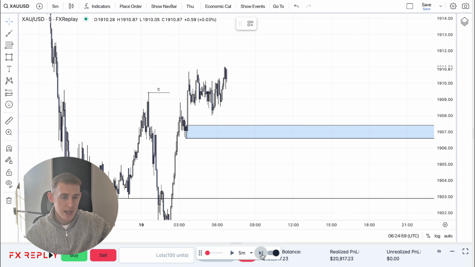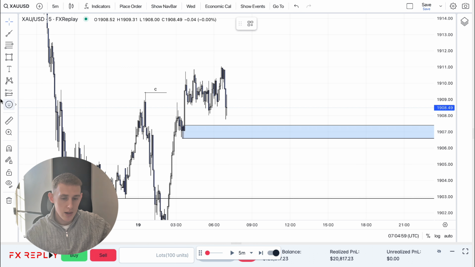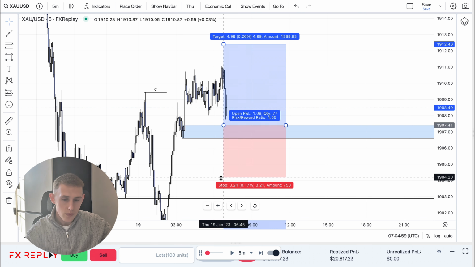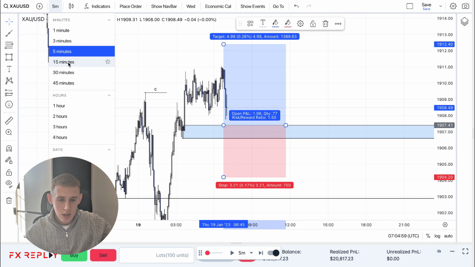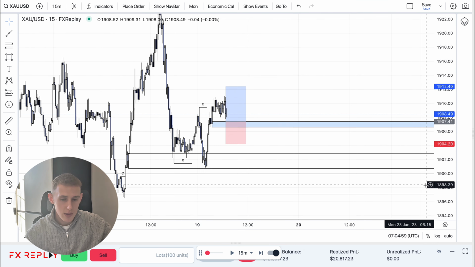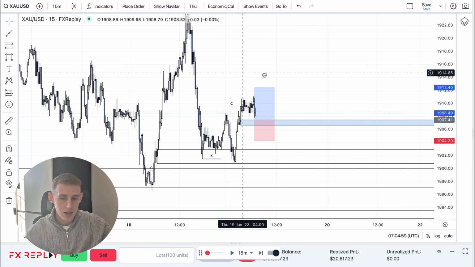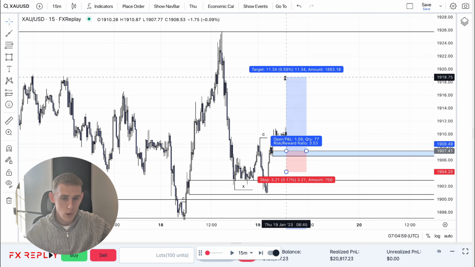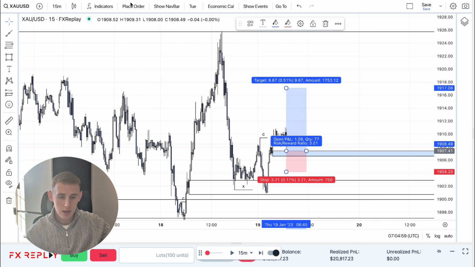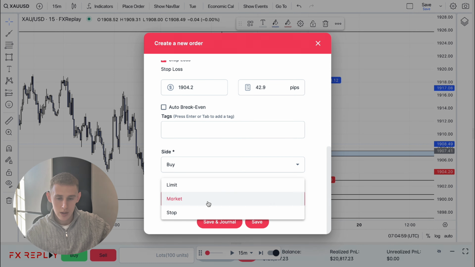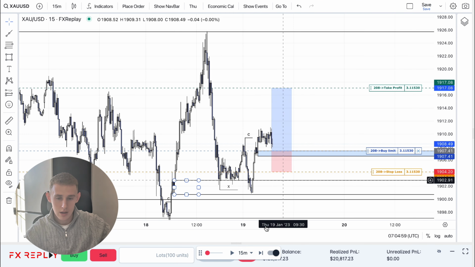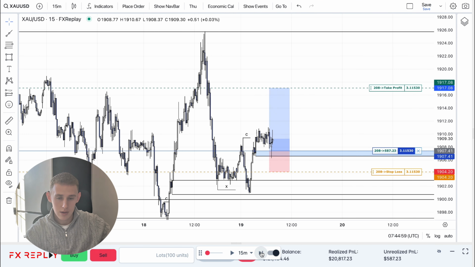I'm just going to actually set a limit here and have stops below that. The reason is you've had that 15-minute change of character, so you've got a clear imbalance and price is overall bullish. We can get a nice 1 to 3 on this as well before price takes out that opposing liquidity. So I'm going to do a limit order just there. There you go.